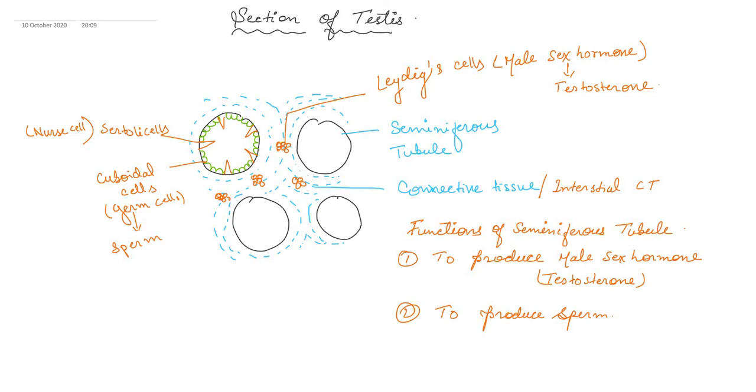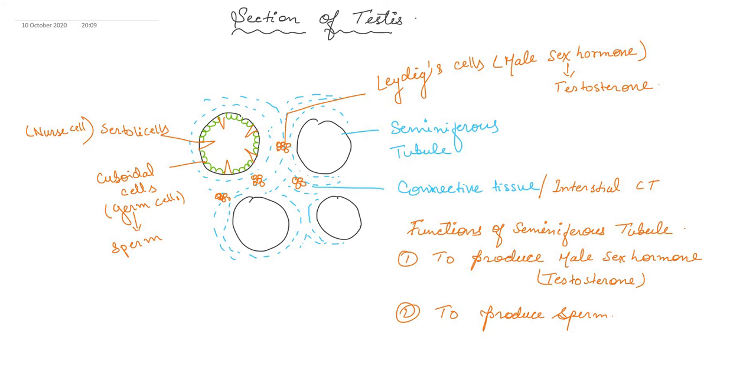The seminiferous tubule is lined by germinal cells. Germinal cells are of two types: conical cells and cuboidal cells. Conical cells are known as Sertoli cells.